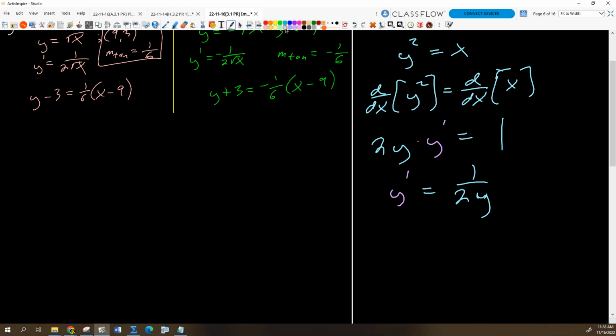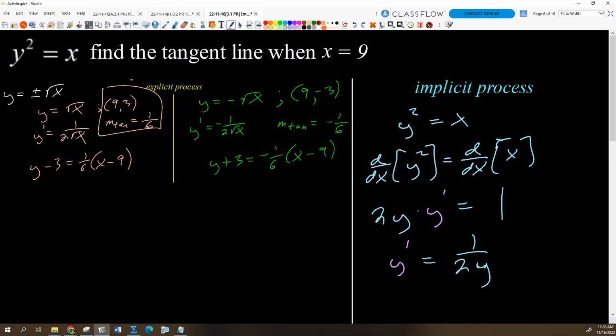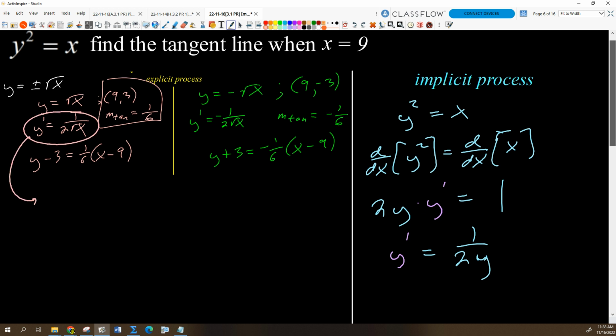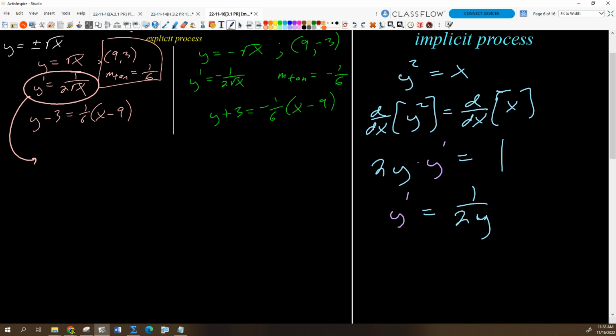Okay. Isn't that really what we got over here if we rearrange this stuff a little bit? Let's take this equation right there and take a closer look. y prime equals 1 over 2 times the square root of x.